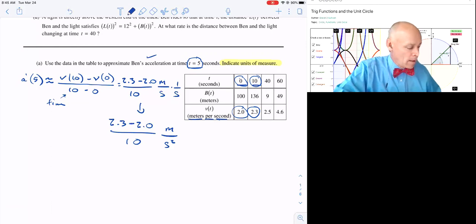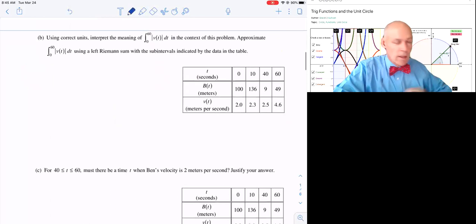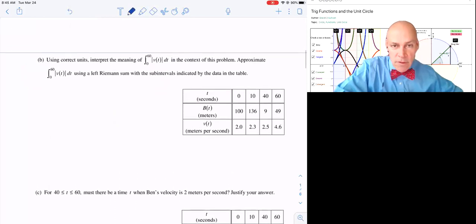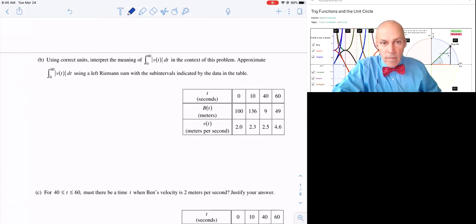Okay. Part B, using correct units, interpret the meaning of the definite integral from 0 to 60 of the absolute value of velocity with respect to time. You can also say that's the definite integral from 0 to 60 of speed. Speed is the absolute value of velocity.